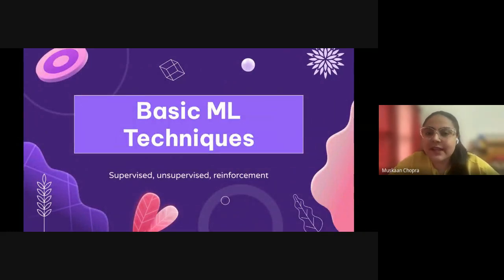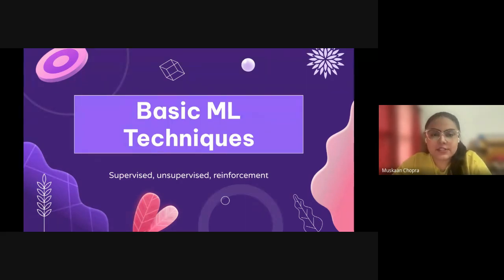So I hope that everyone here is aware of basic machine learning techniques like supervised, unsupervised, and reinforcement learning. If not, I can give a brief overview. Supervised learning is the most common type of machine learning used. It uses a dataset with labels.